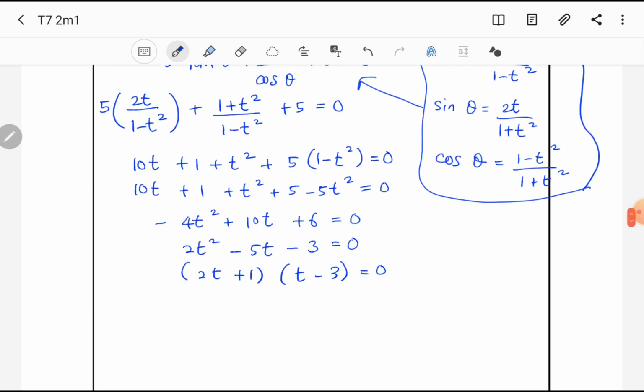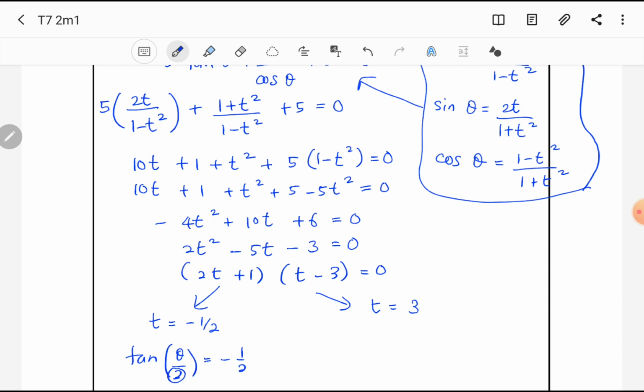So from this part, t equal to negative half. From this part, t equal to 3. So what is t? T is tangent theta over 2 equal to negative half. Boleh tak saya nak ambil dua yang bawah ni naik ke atas? Tak boleh. Kenapa?